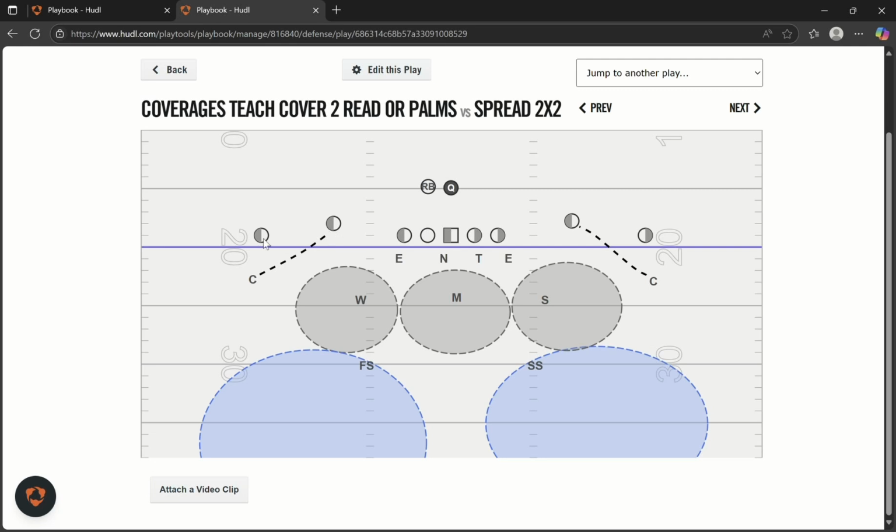If we count from the outside in, when you're on defense, you're a DB, you count receivers from the outside in. So this is number 1 and that's number 2. Both of these players' eyes are on number 2, and we're going to be covering based on what number 2 does.